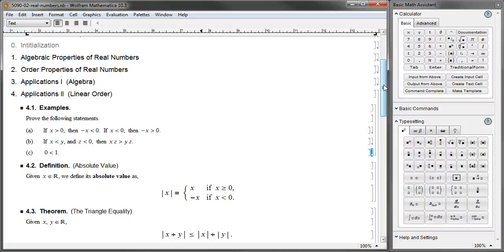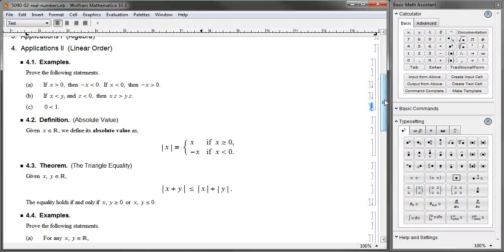How about some other things? Absolute value. Let me see. I think the second textbook author defined absolute value like this. Let me check. Yes, according to Spivak, the absolute value was defined like this.